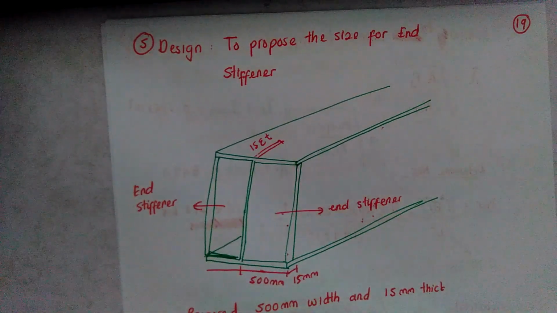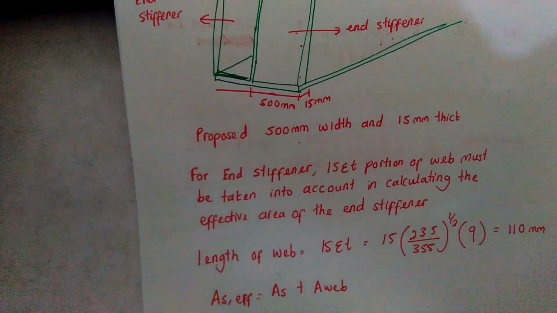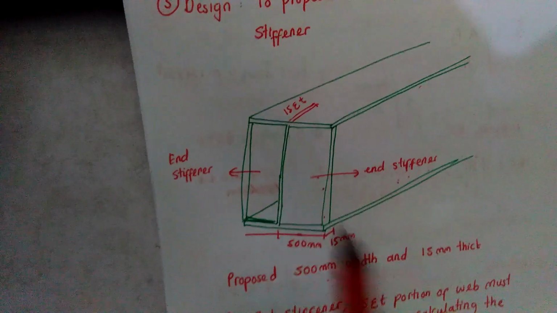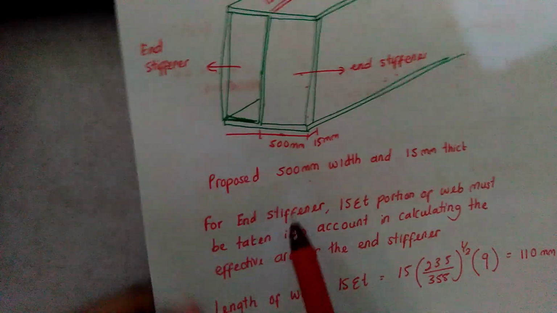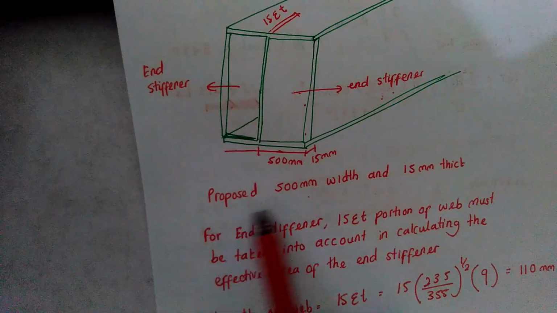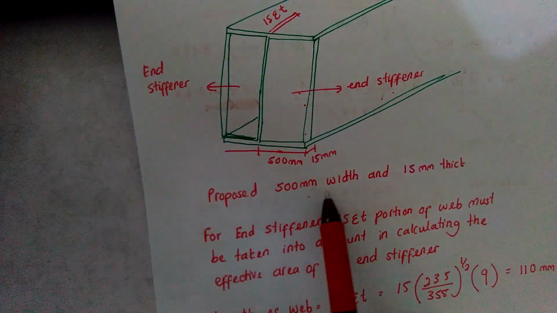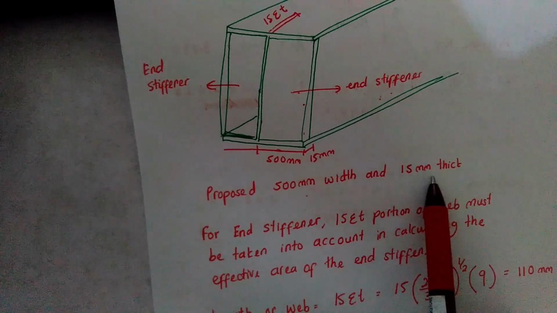So in this case, you can see that for the end stiffener, we now propose to have 500 mm width and 15 millimeter thick.